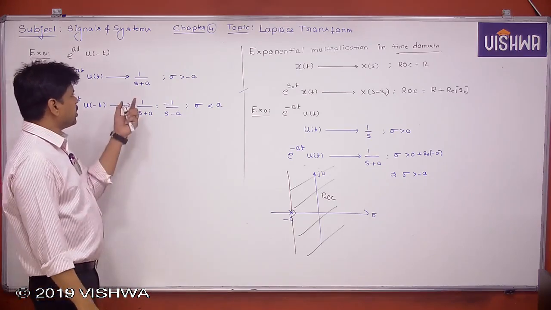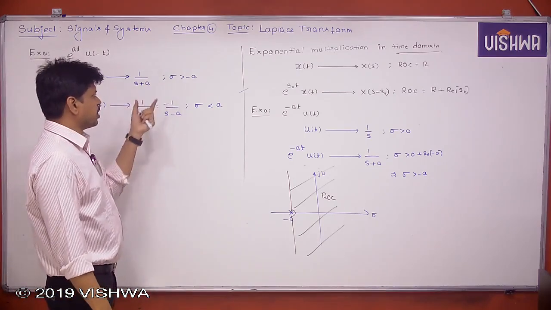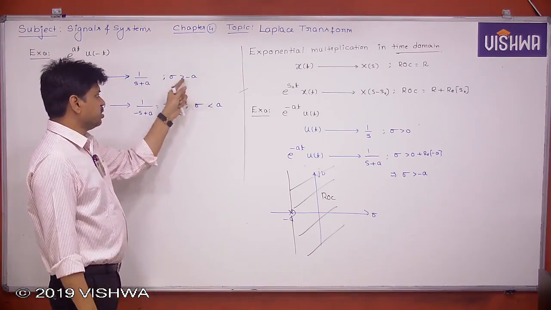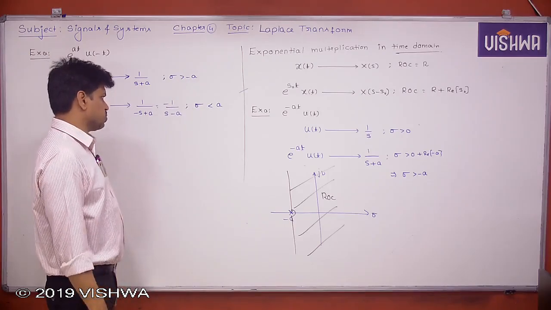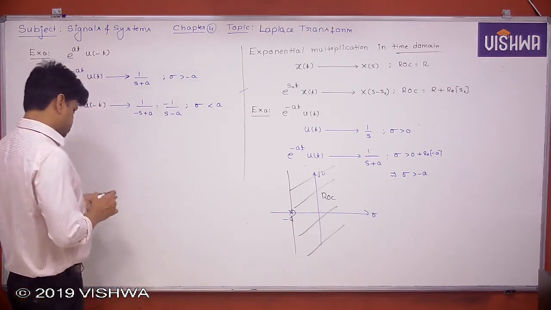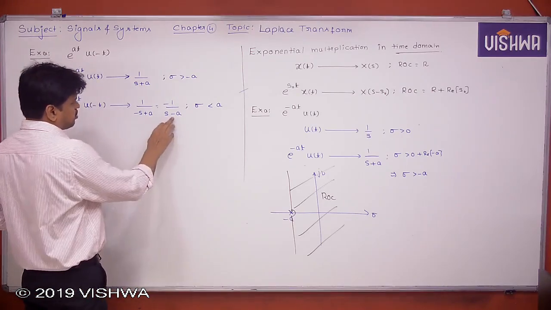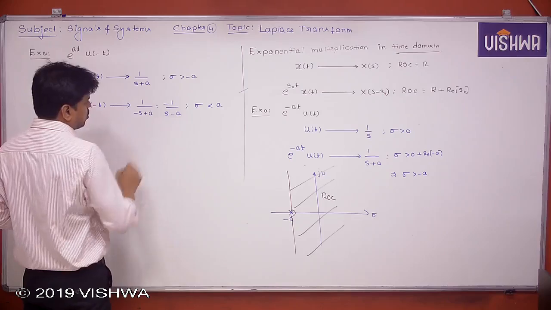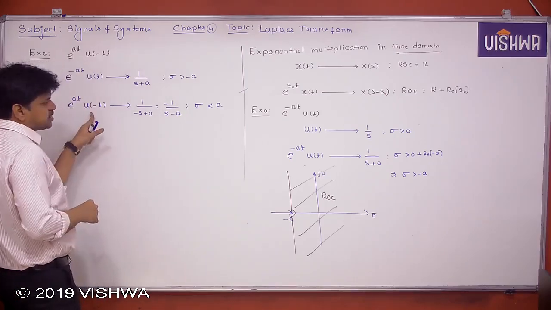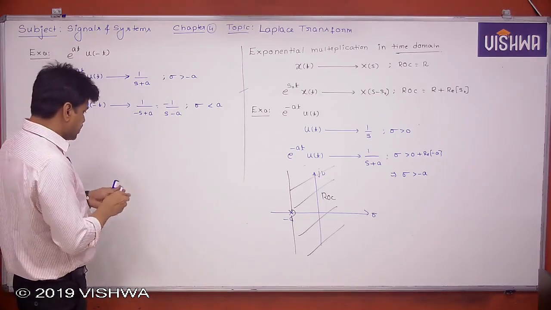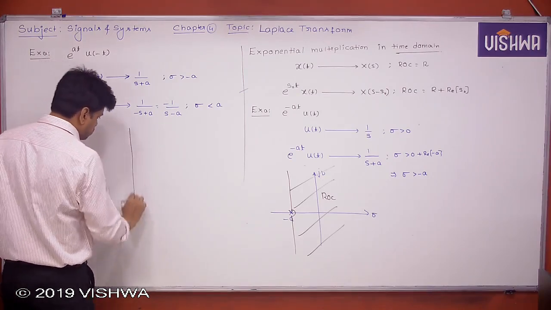From the property of time reversal, we have to change the sign and we have to change the inequality also. Or directly also we can say, what is the pole here? S minus a is equal to 0, s is equal to a.